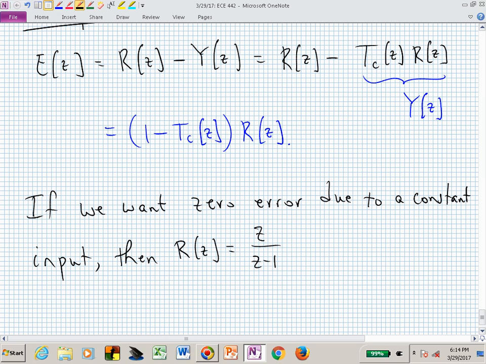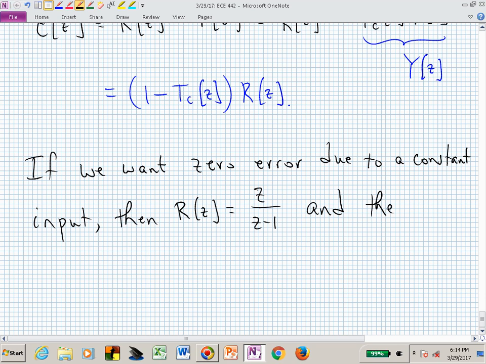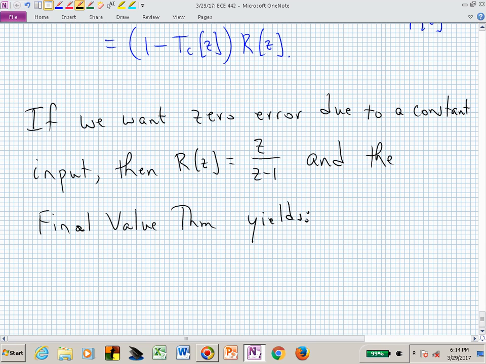If we want zero error due to a unit step, then we can use R, capital R of Z equaling Z over Z minus 1 and the final value theorem to yield the time domain error, E at infinity, is now equal to the limit as the time index n marches off to infinity of little e of n, but by the final value theorem, that's now the limit as Z goes where?